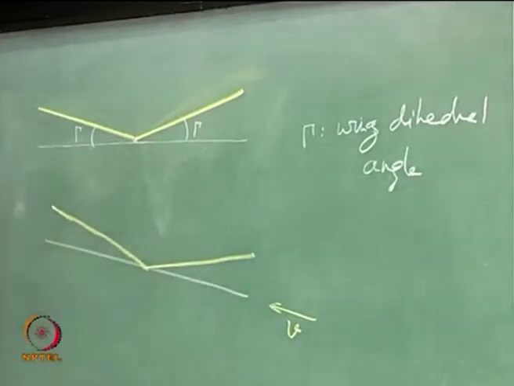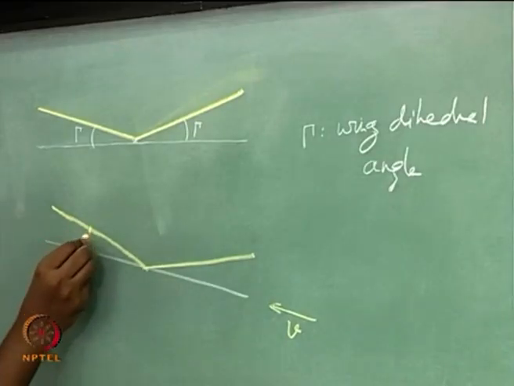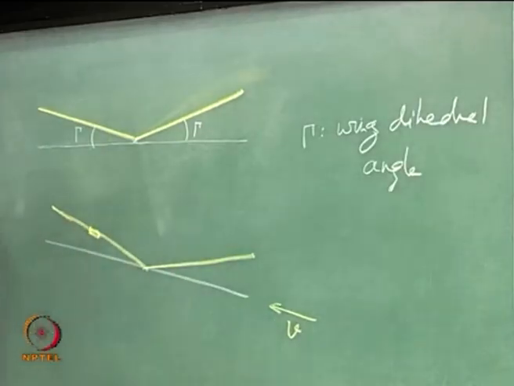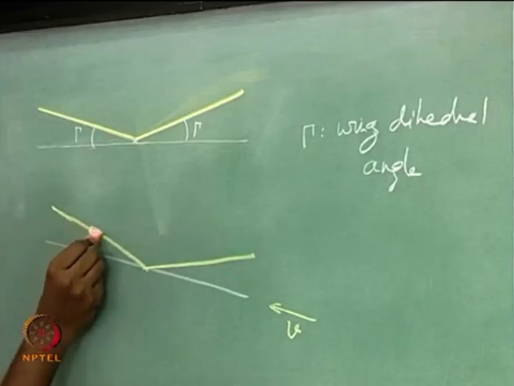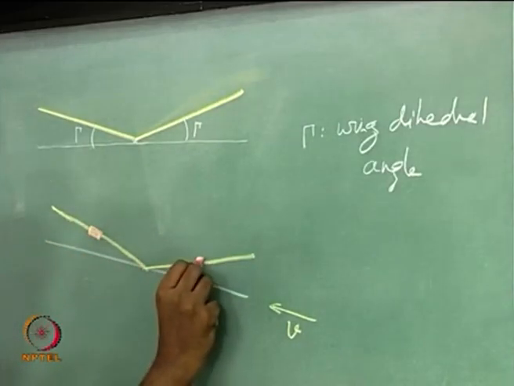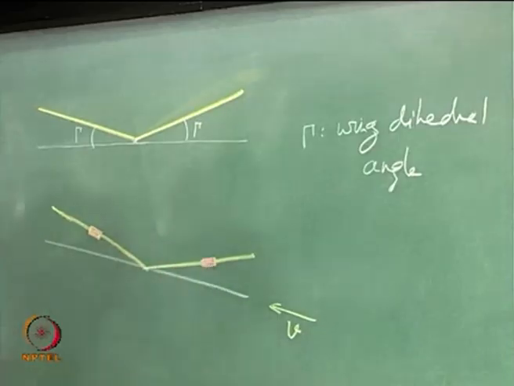So, there is a velocity v coming from the side, and I am looking at two sections, one is this.